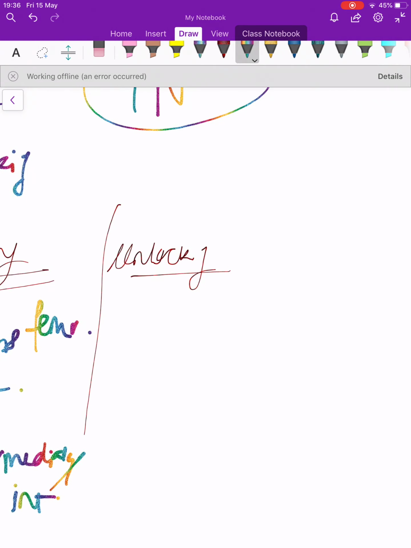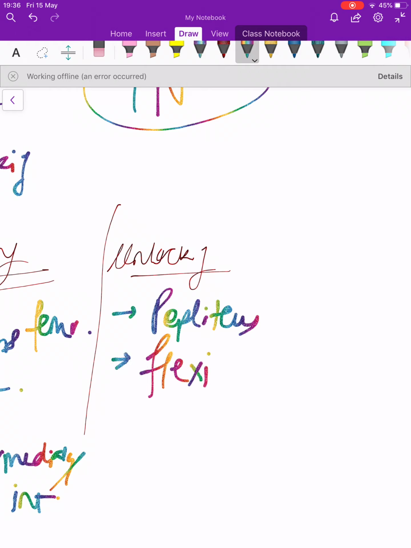And what happens in the unlocking? Unlocking is done by the popliteus. Right? So what happens here? There is the flexion of the knee joint. So when the foot is on the ground, the femur rotates laterally. Okay.